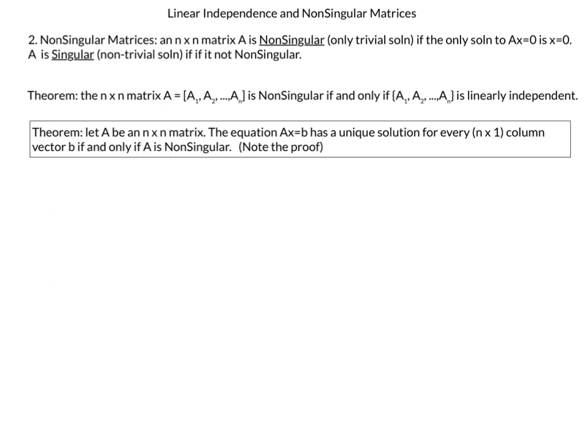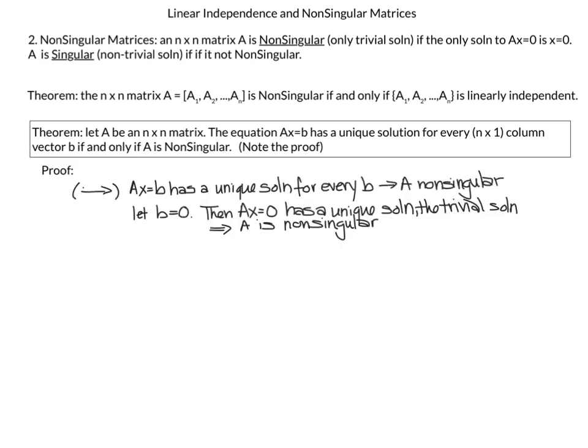And here is an important theorem for n by n matrices. An equation Ax equals b has a unique solution for every n by 1 column vector b if and only if A is non-singular. So if A is non-singular, then this equation, no matter what b is, always has a solution. The proof in the forward direction is very straightforward.